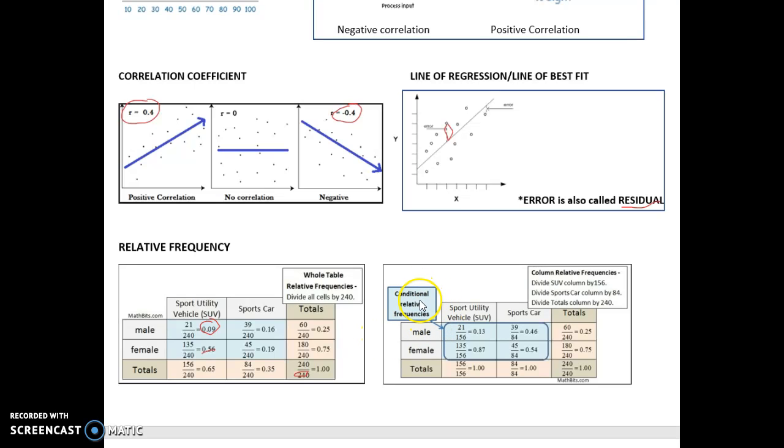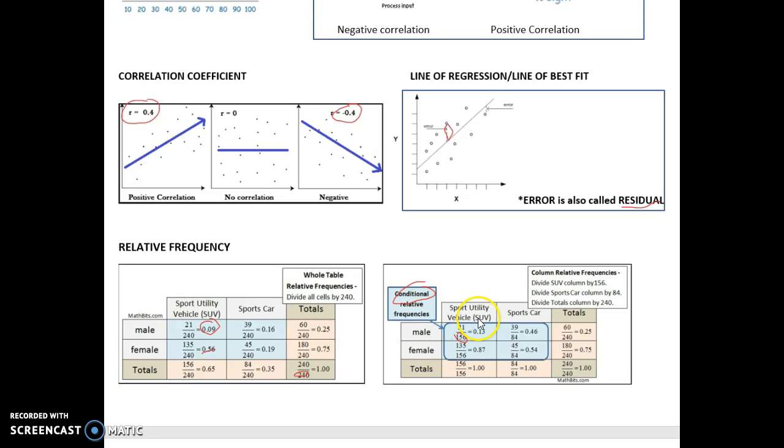In this particular case, we're not talking about the whole thing. We're talking about conditional. So in this case, there are 156 sport utility vehicles. That's the bottom number. 21 and 35 create that 156. So this row total, this column total adds up to 156.